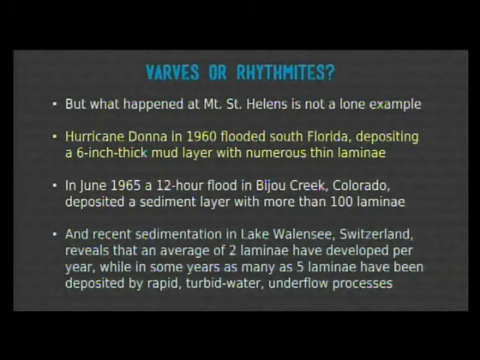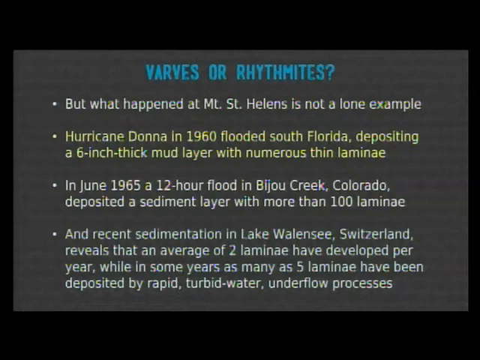Now, what happened at Mount St. Helens? Is that a lone example? Absolutely not. Hurricane Donna in 1960 flooded southern Florida, and it deposited a 6-inch thick mud layer with numerous thin laminae in it. From the one surge from the hurricane, you produced a 6-inch bed with multiple laminae in it.